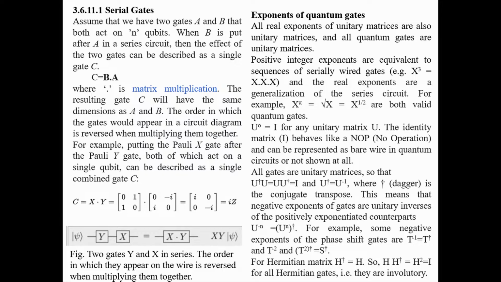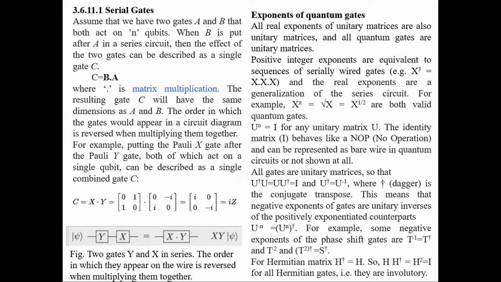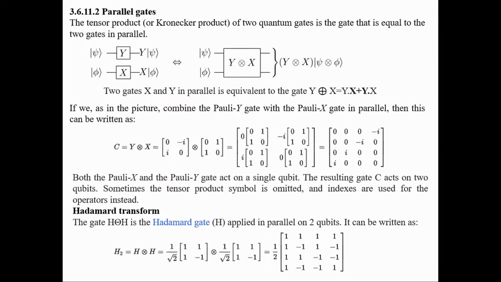And these are the serial circuitry. In the circuits, we have to use this serial way. We can connect in a serial way like this. If it is YX, it has to be applied in an XY way. And these are parallel gates. This can be done by the tensor product.